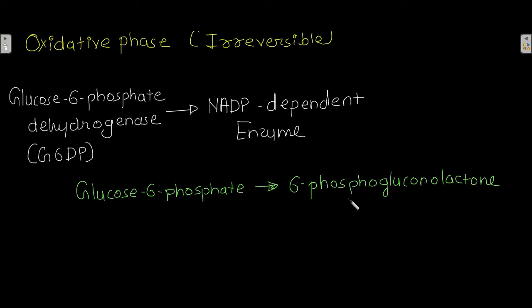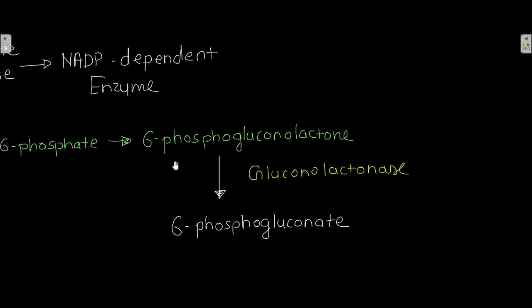Then this 6-phosphogluconolactone is hydrolyzed into 6-phosphogluconate, and this hydrolysis reaction is catalyzed by gluconolactonase.